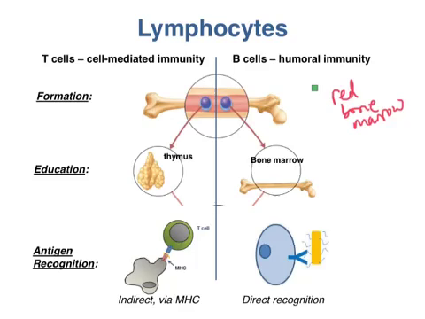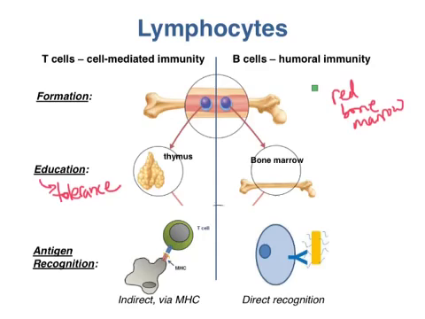But T cells actually leave the bone marrow and go to the thymus. The thymus is where the T cells get an education, and that education is where they get a degree in tolerance. So what I mean by T cell education is they learn not to attack your own proteins, right?